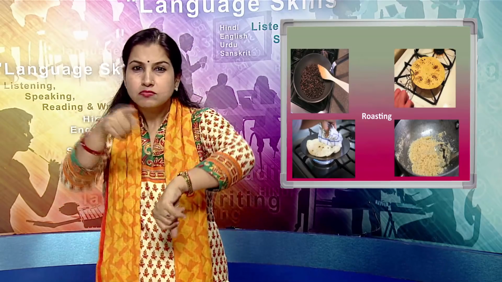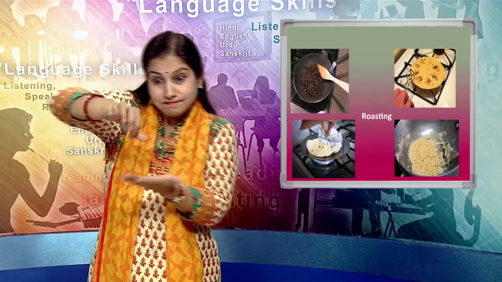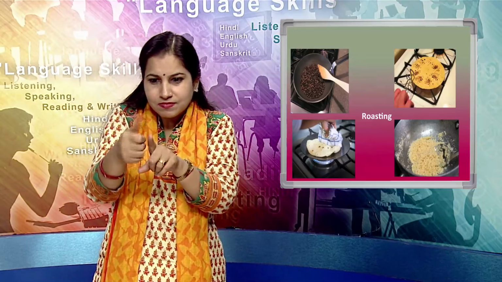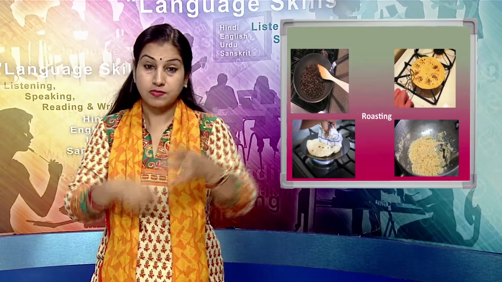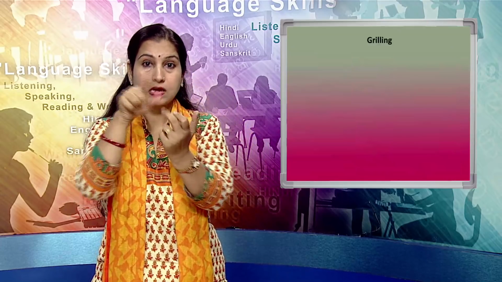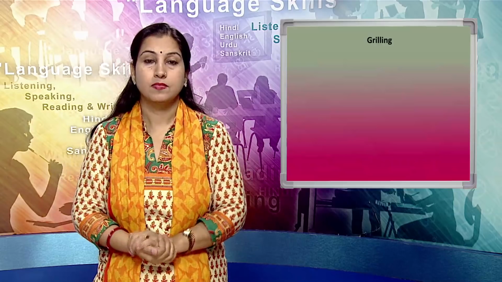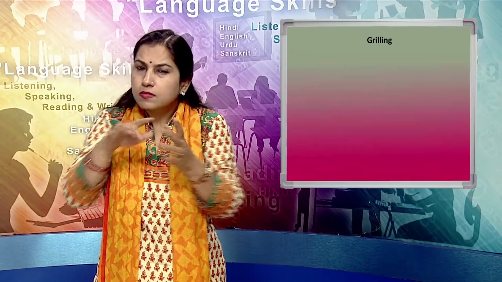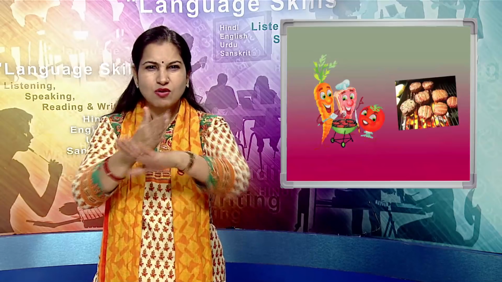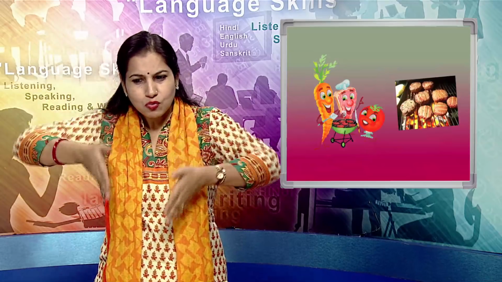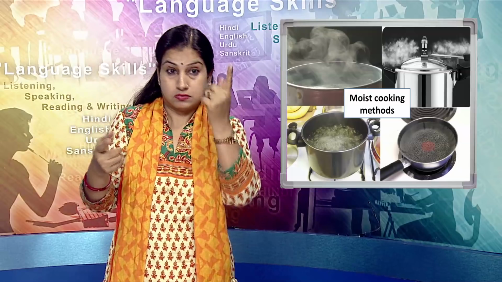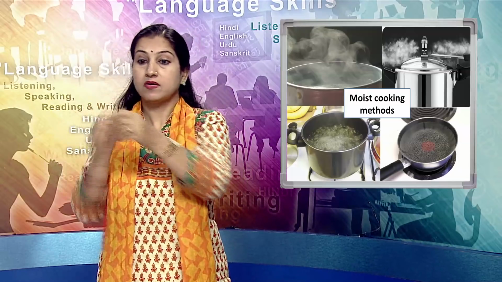Sometimes you also roast other spices. Sometimes ground nuts. The fourth point is grilling or broiling. This method is used for the non-veg items most of the time. The last column is a combination of moist heat and the dry heat together.